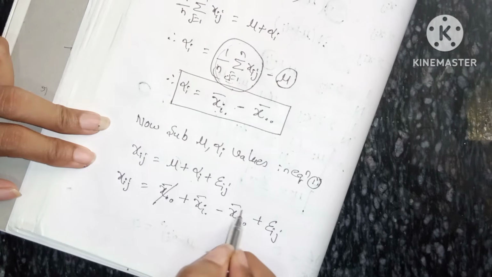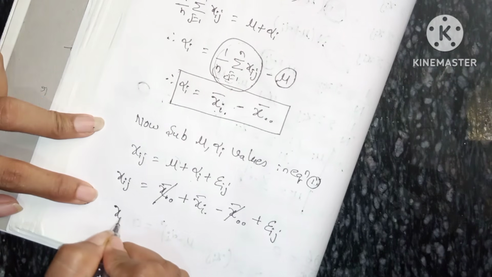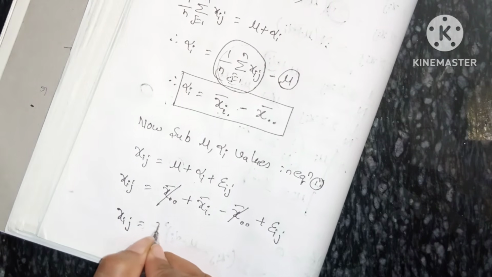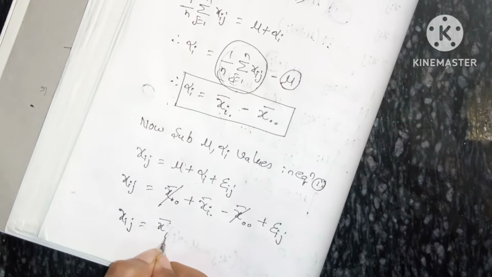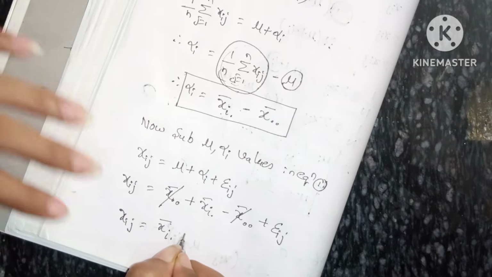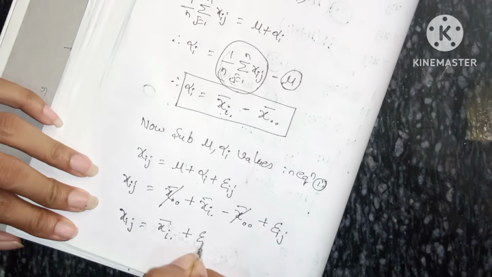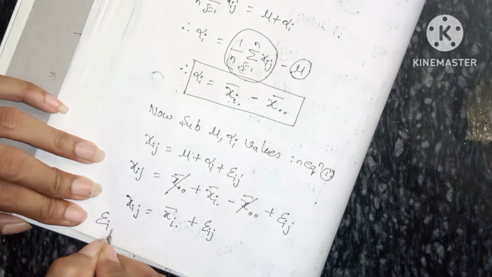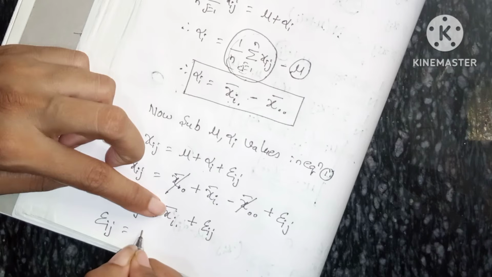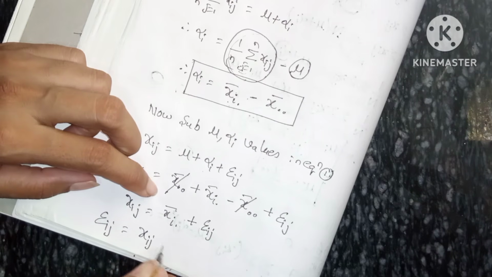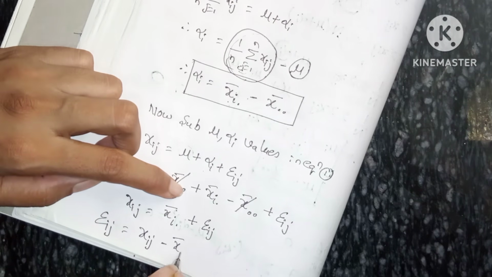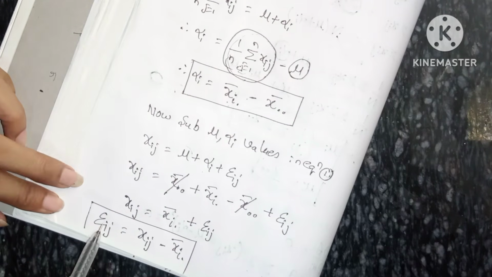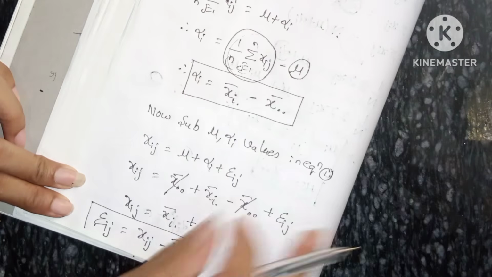So these both values get cancelled. So xij equals to x bar i dot plus epsilon ij, but we want the value of epsilon ij. So epsilon ij equals to xij minus x bar i dot. Okay. So this is the value of epsilon ij.